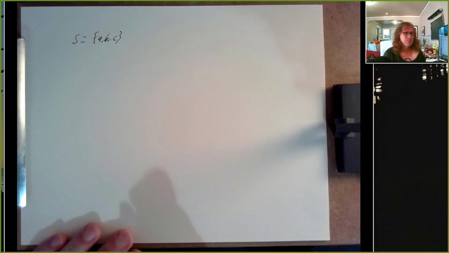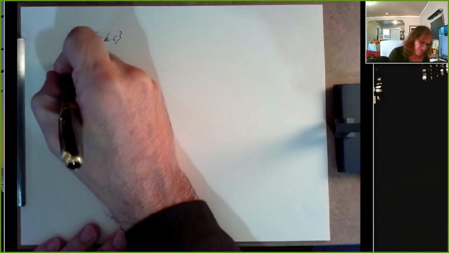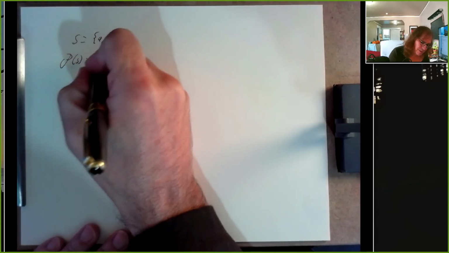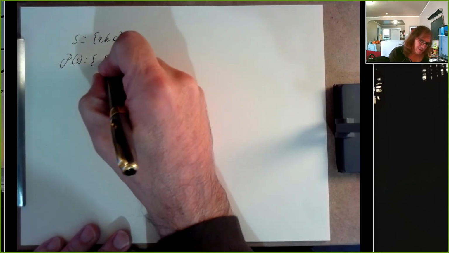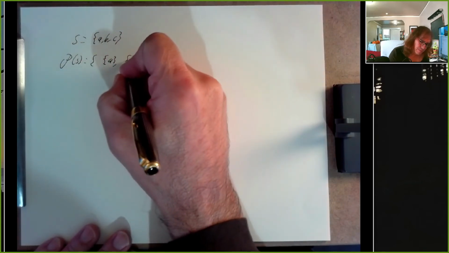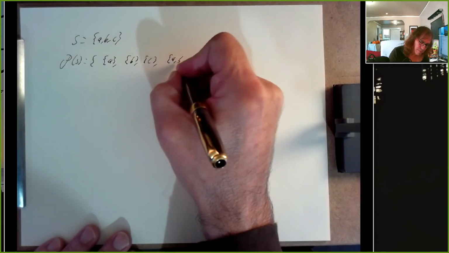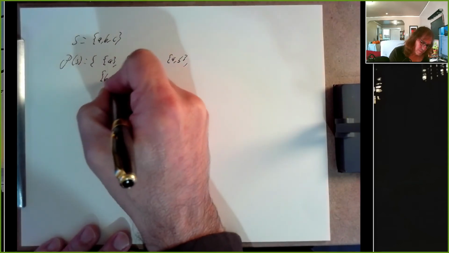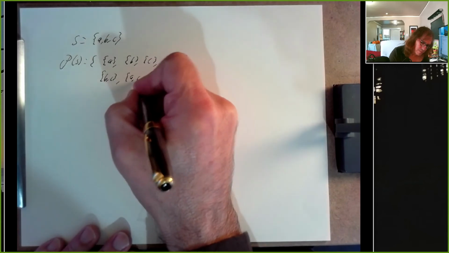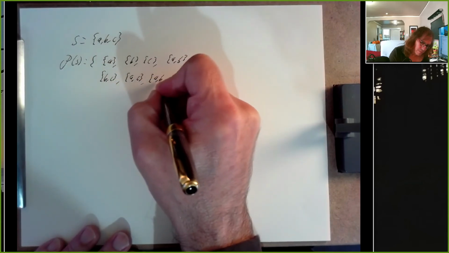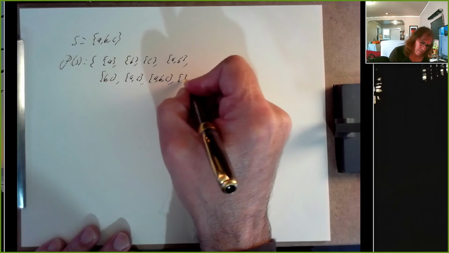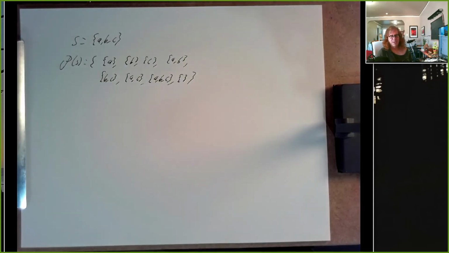So we have this idea. If you have a set with, say, 3 elements in it, we define the power set to be the collection of all subsets. It turned out that if we had 3 elements in S, we had 2 to the third or 8 elements in the power set.